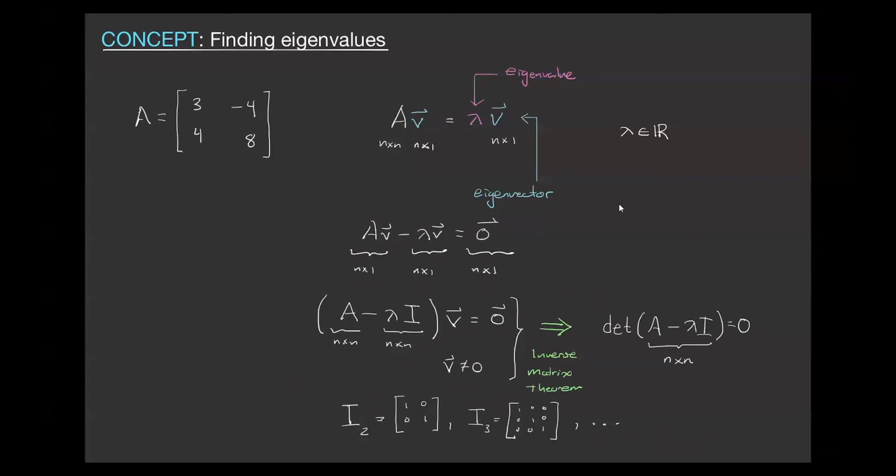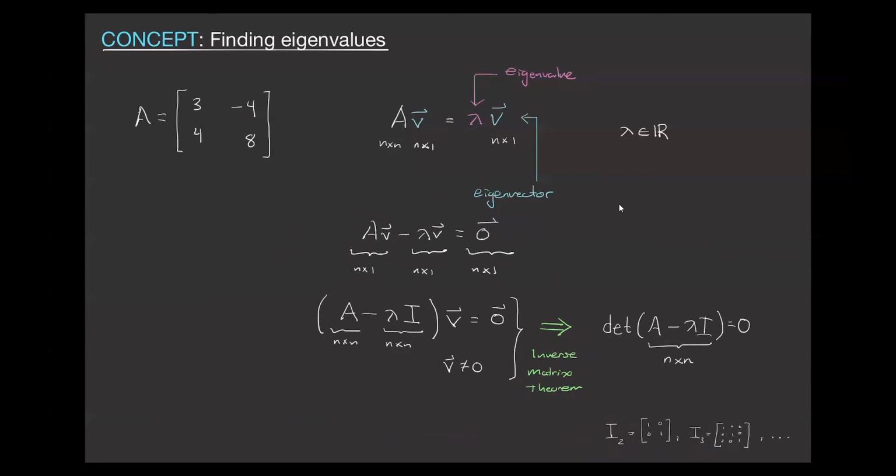And what the inverse matrix theorem says, so I'm going to maybe shrink this a little bit so it doesn't distract us too much, but if you want me to enlarge it, just let me know. So this is like a little note down here. What the inverse matrix theorem says is that we essentially jump to this here. Okay, so that's fine. This is some math, some linear algebra, matrix algebra type stuff. That's cool.